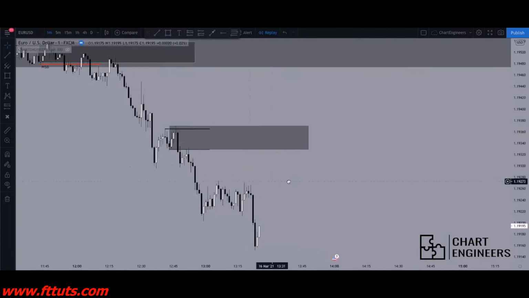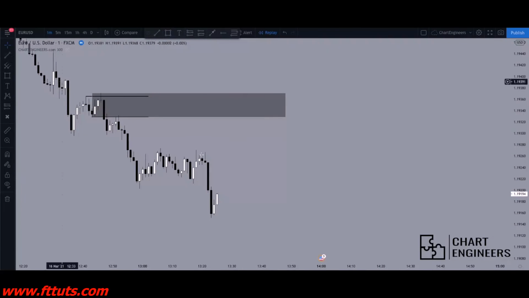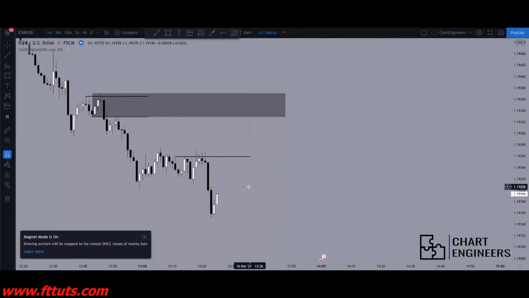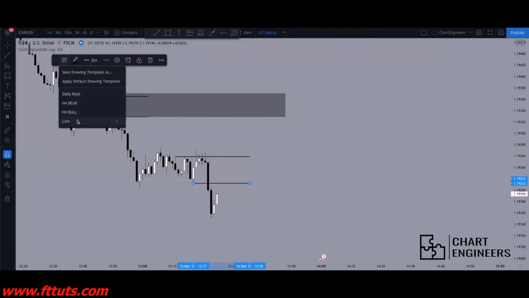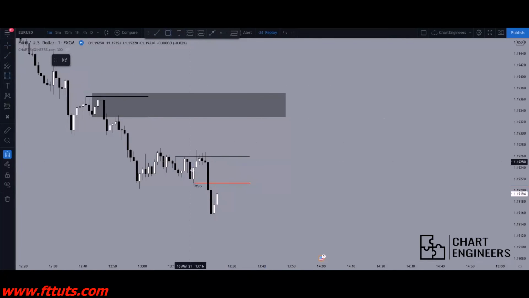And then again over here, you mark out your raids. So we've got a raid here, liquidity raid of this fractal high, both of these fractal highs. Mark out your market structure break over here, so bearish structure break, and then your breaker zone.